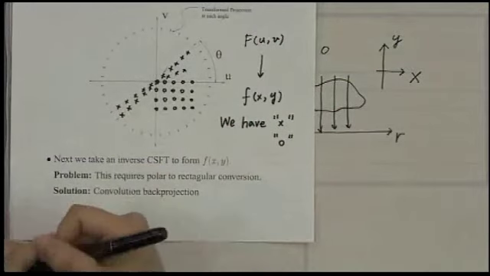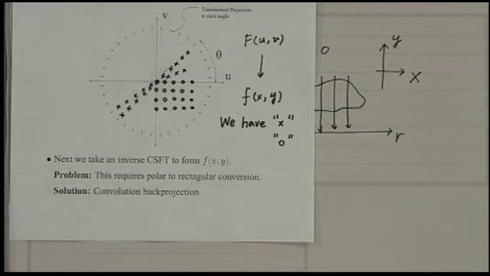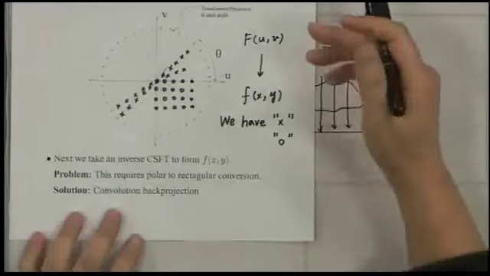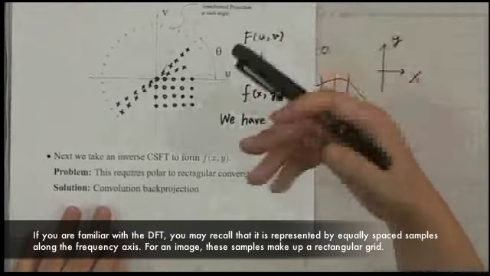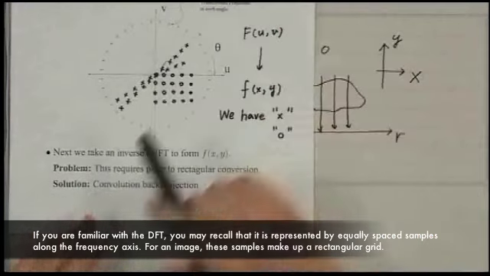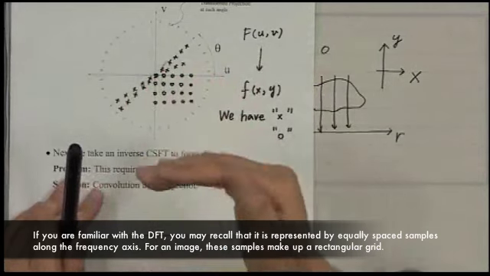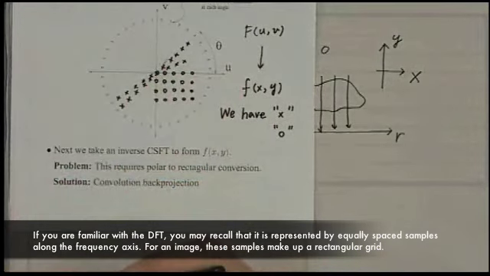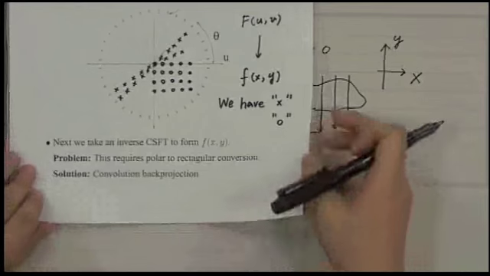Why do we have a rectangular box for a circle? Actually, this is just the way the inverse Fourier transform is. To implement the inverse Fourier transform, we need these equally spaced samples on a rectangular grid.